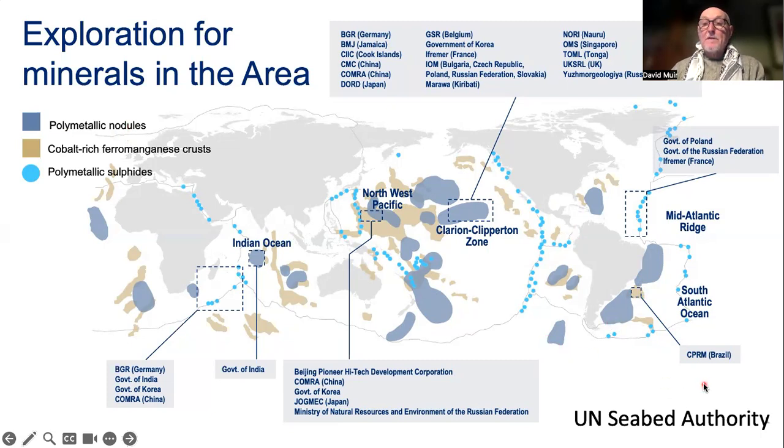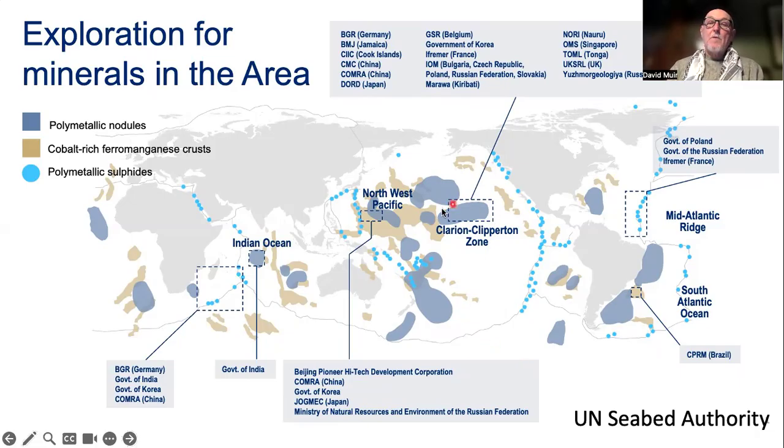Now, there is a system of governance, and this is the United Nations Seabed Authority. And they are engaged in mapping all of these areas, deciding which can be exploited, which are to be left unexploited, and those to be exploited, who gets to actually do it. So countries get assigned a certain area.